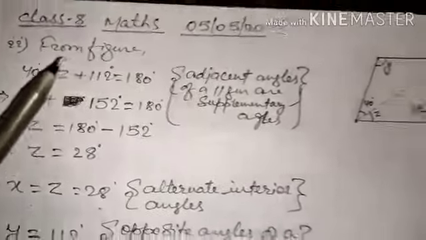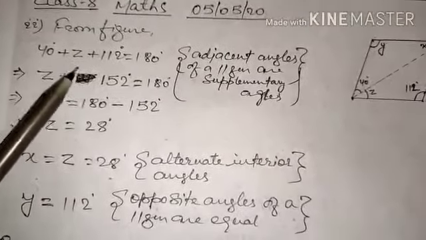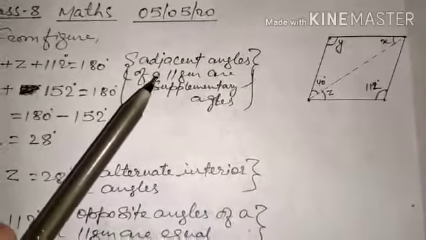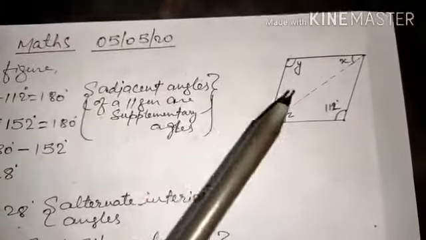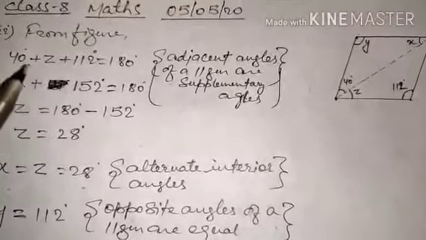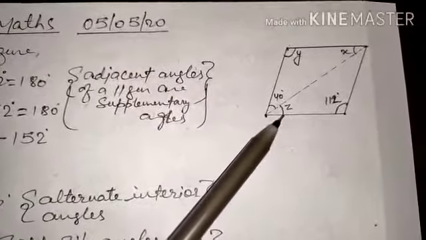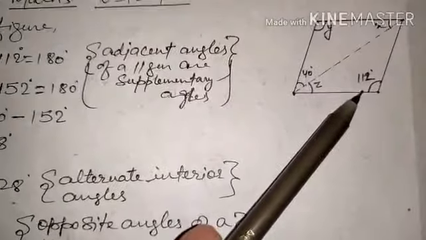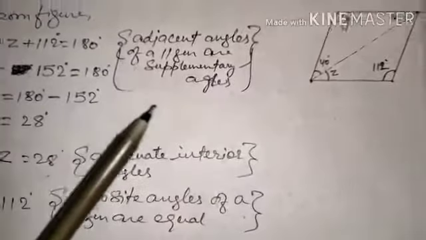Now from the figure, 40 plus z plus 112 is equal to 180 degrees. Because it is already given in the question that this figure is a parallelogram, no need to mention it again. See here, 40 plus z plus 112 degrees. This is making adjacent angles.